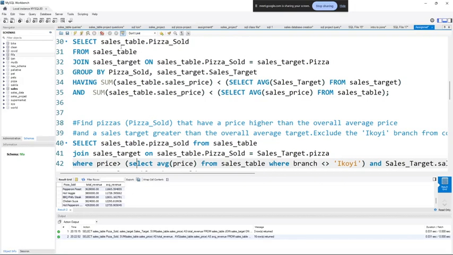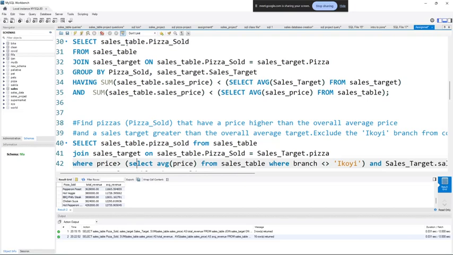So now I'll select only the thing I want to see, the pizzas that satisfy this condition. I'll select pizza sold from the sales table. Because sales target is involved in my question, I need to join it with the sales target table.